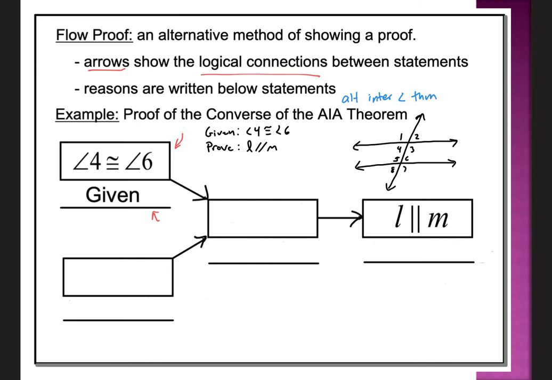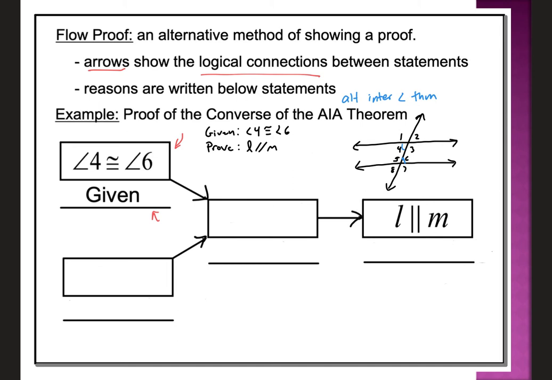So in this proof, we are given that angle 4 is congruent to angle 6. Again, I can't say alternate interior angle theorem because I don't know those lines are parallel.